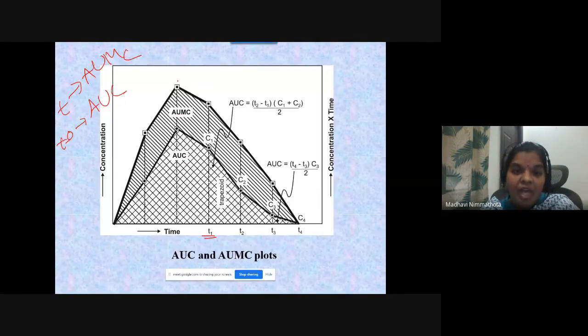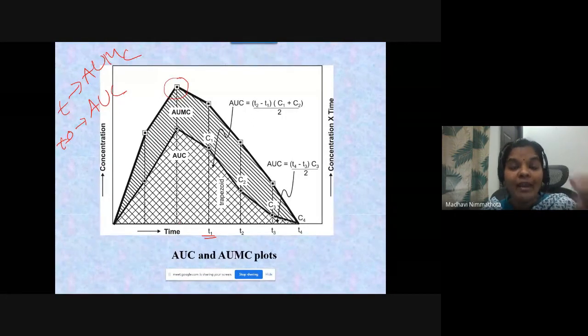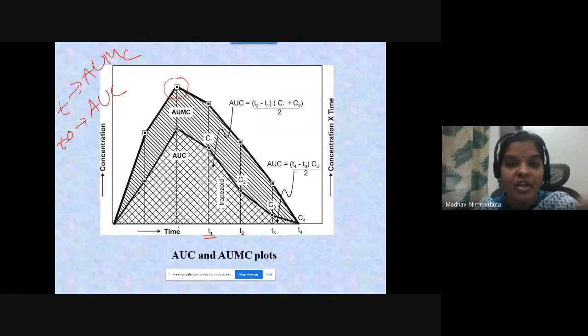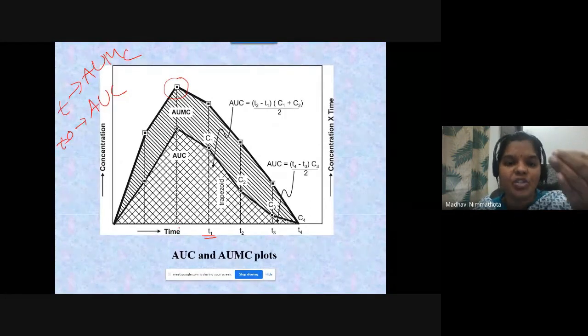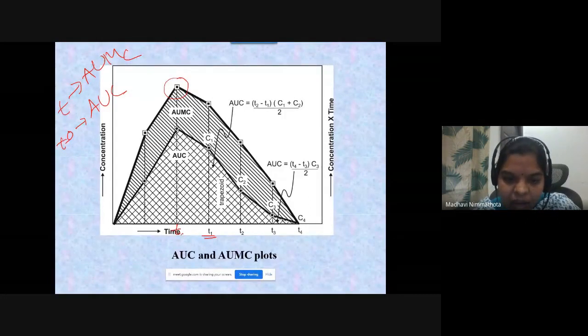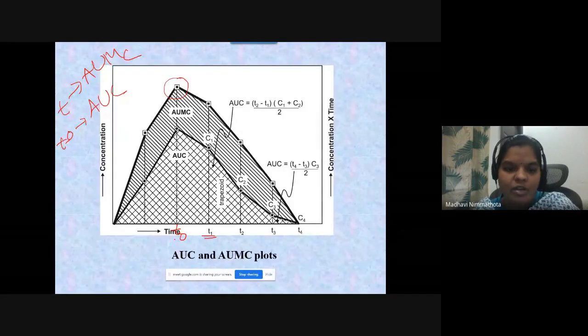Where you attain this peak will be produced at this point, right? Not this point. From this point you can take your time as 0. That is, at this peak point you can consider t0. Then the next peak you can consider at time t1.